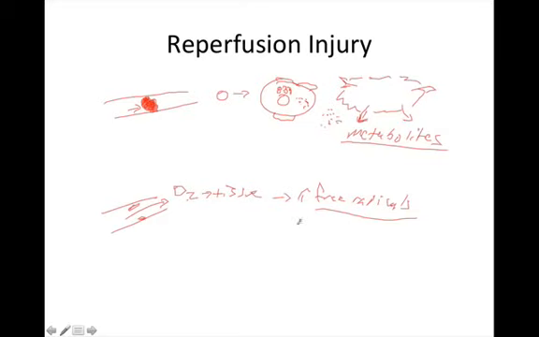Now the problem is as we have a massive increase of these free radicals, they're going to cause further cellular damage. When we take a look at a cell, free radicals especially damage enzymes, DNA, and mitochondria.